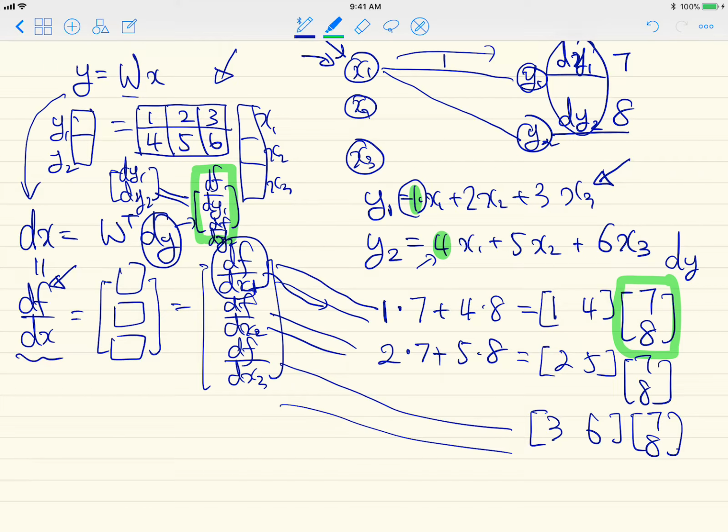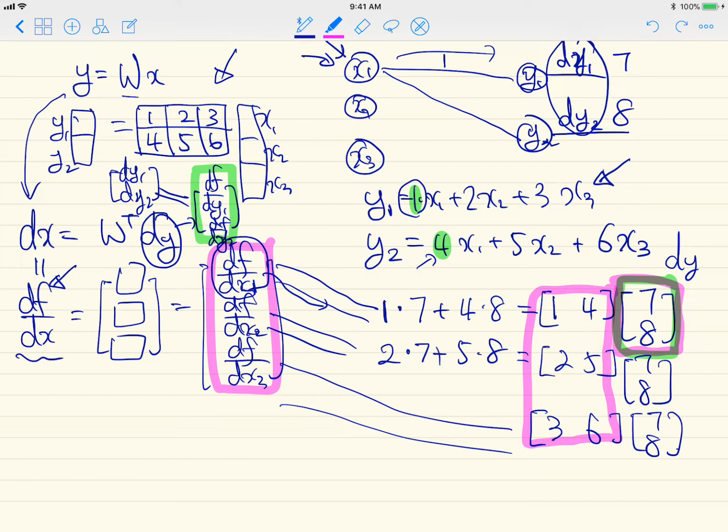And then altogether, if we form this vector, we just concatenate these row vectors vertically as individual rows, and then we multiply this dy vector just one time, right? Row times column will generate the partial derivative with respect to x1, and the second row, like this guy, times the same column vector on the right, will generate the partial derivative with respect to x2, right?